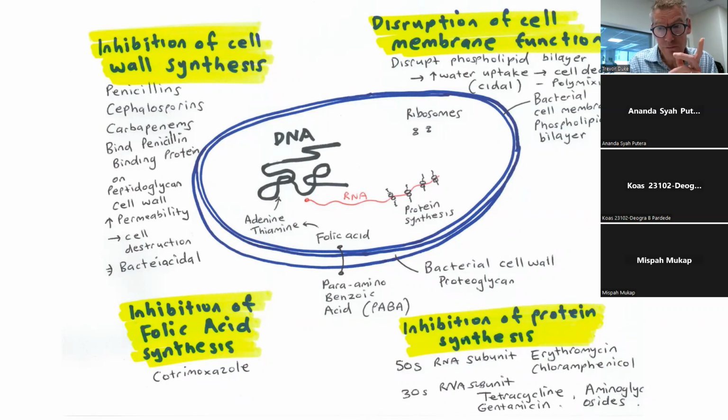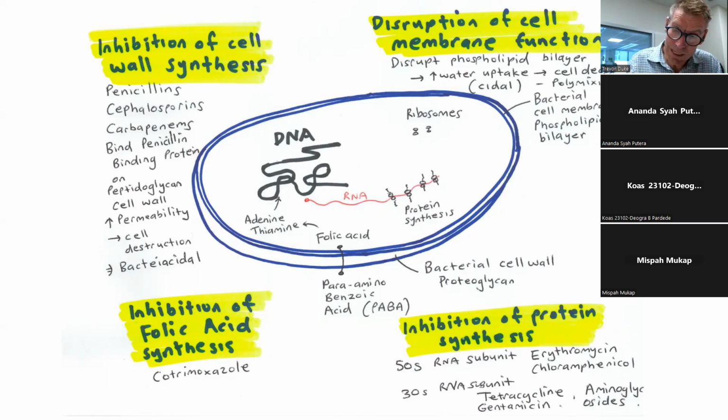And so, first and foremost, a bacteria has to have an intact cell wall or cell membrane. If that breaks down, if it becomes porous, then the bacteria will die, will disintegrate.